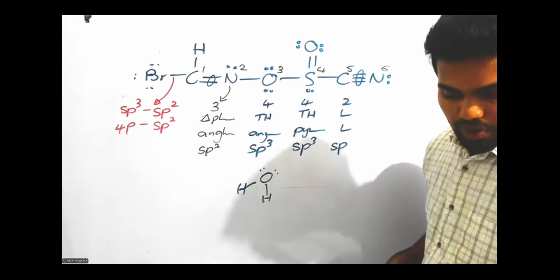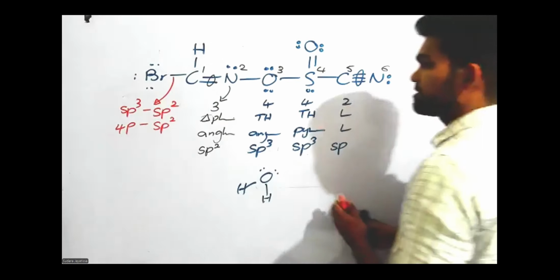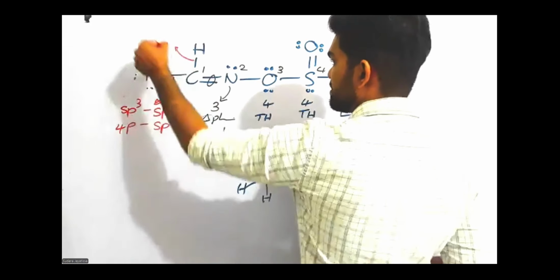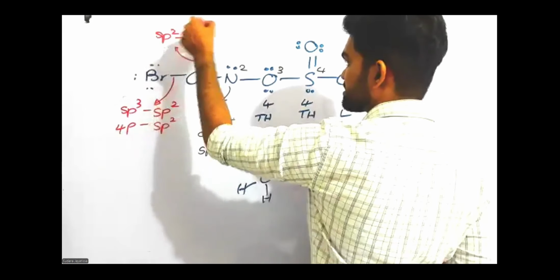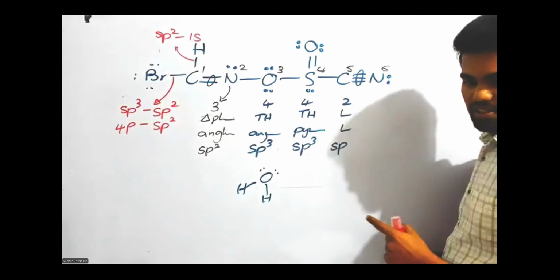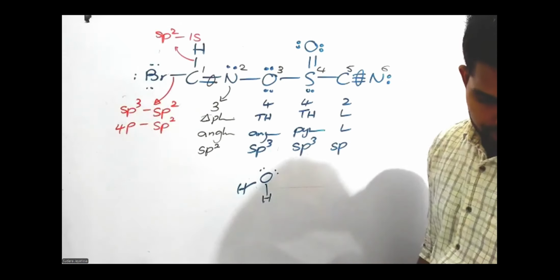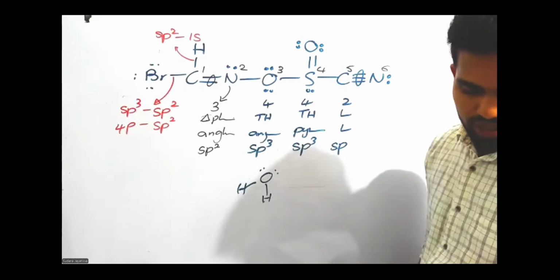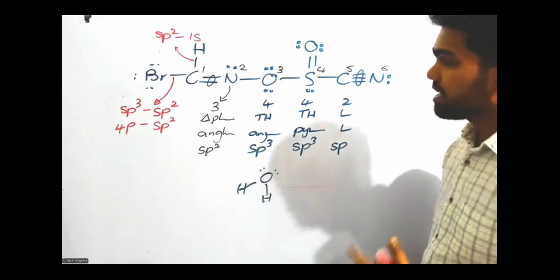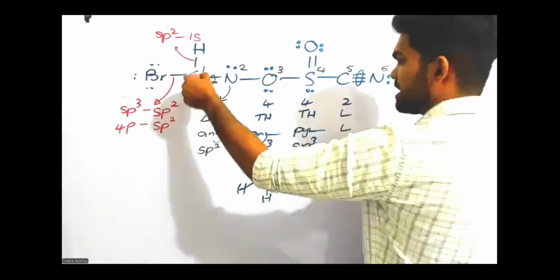And then the next bond is C1 and H. So C1 is sp2. And this hydrogen you have to say 1s. 1s always, okay? Because it has only 1 orbital, the s orbital, a smaller one. And C1 and N2. Here there are 2 bonds.